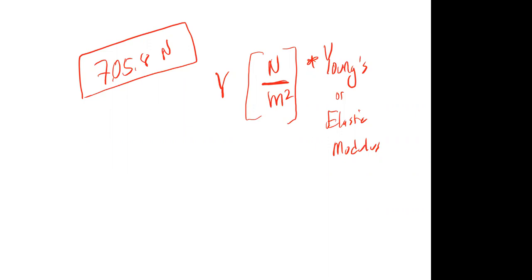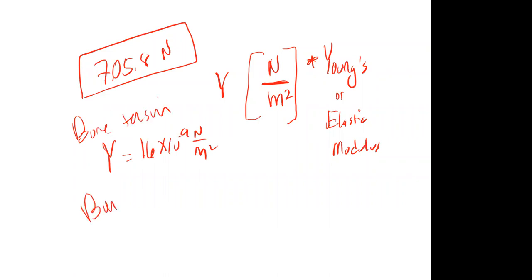If you look at the book on page 180, bone under tension has a Y of 16 times 10 to the 9th newtons per meter squared, right? That's bone under tension. And bone under compression, the Young's modulus is equal to 9 times 10 to the 9th.